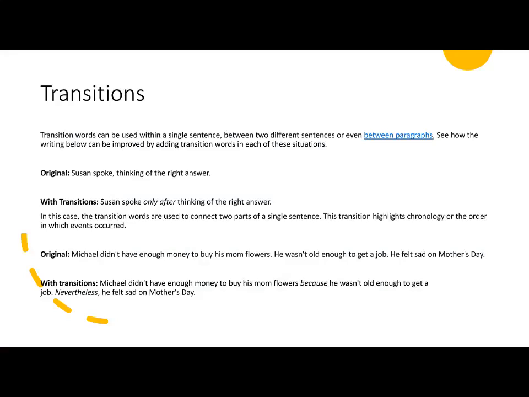Next is transitions. Transitions are words that can be used within a single sentence, between two different sentences, or even between paragraphs. See how the writing below can be improved by adding transition words in each of these situations.